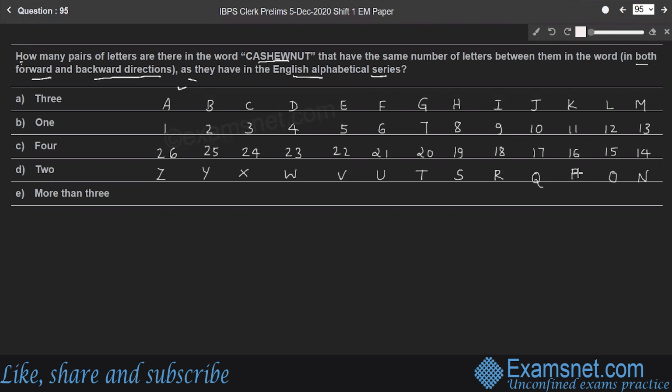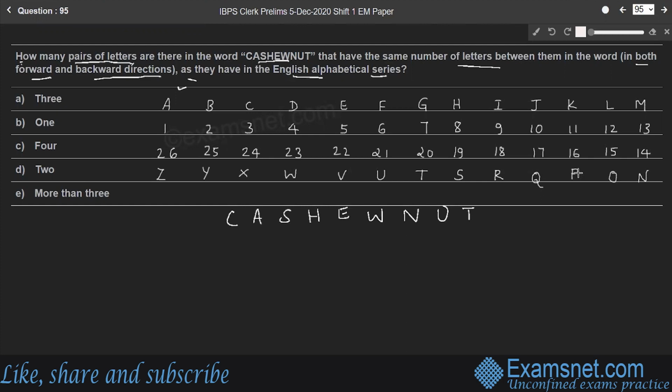According to their positional values, the word is CASHEW NUT. So we have to find the pairs of letters that have the same number of letters between them as they have in the English alphabetical series.